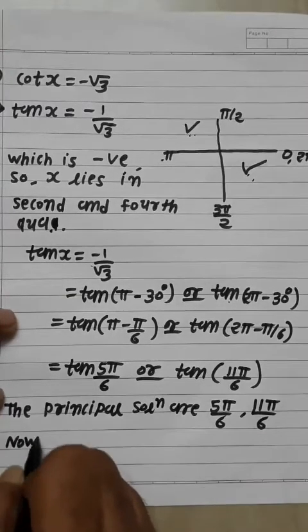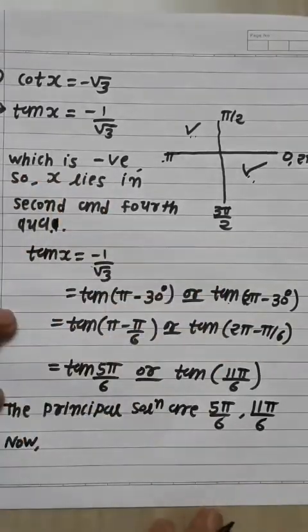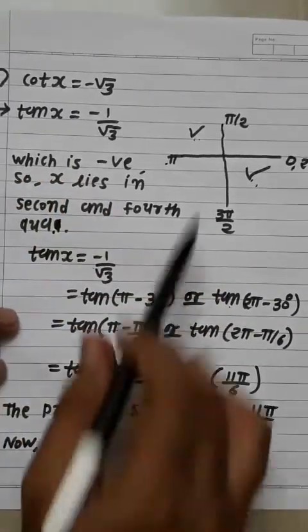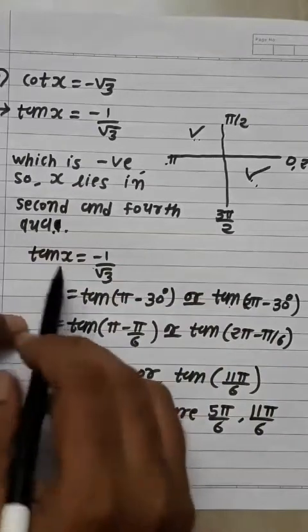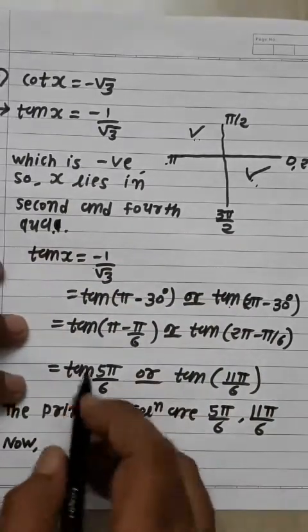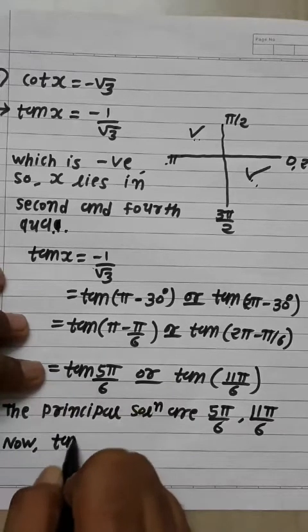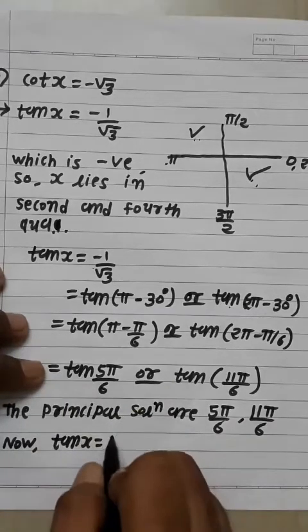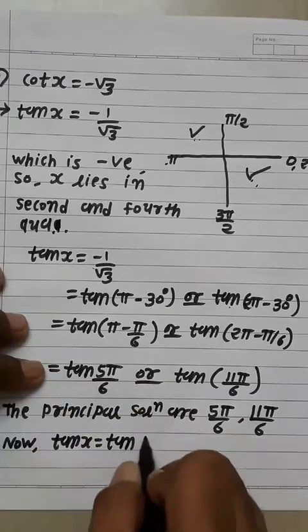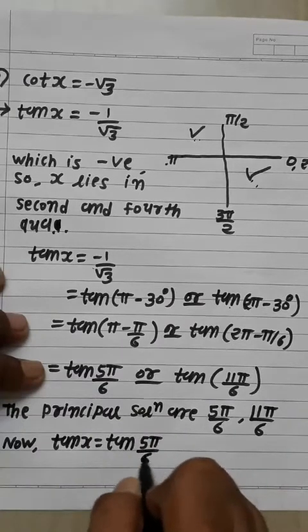Now tan is negative in the second quadrant, so we consider the first value: tan x is equal to tan 5 pi by 6.